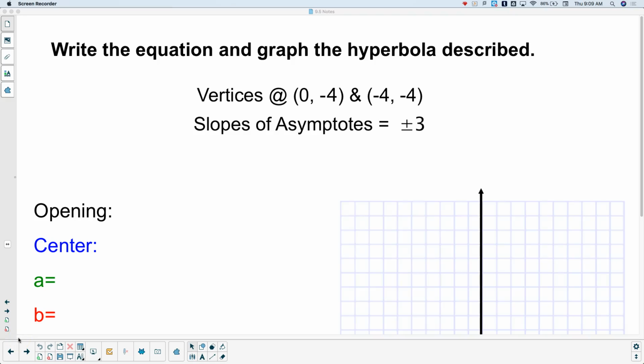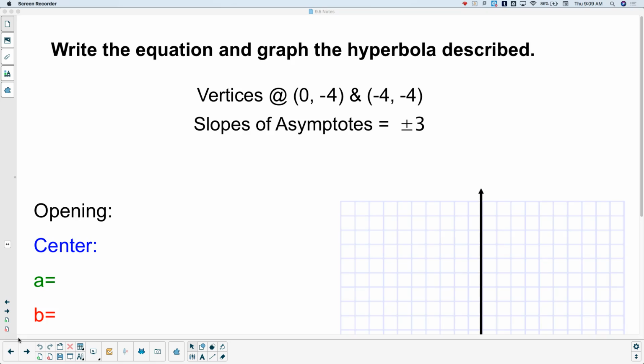You've probably seen a pattern developing over the course of parabolas and circles and ellipses and now hyperbolas, where we spend the first 2 days talking about graphing them and finding all the different parts and going in the forward direction, okay? And then we spend the 3rd day going in the reverse direction.